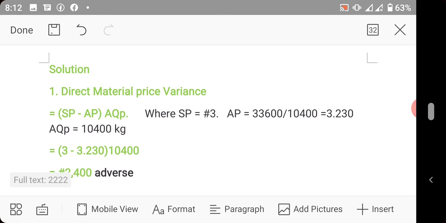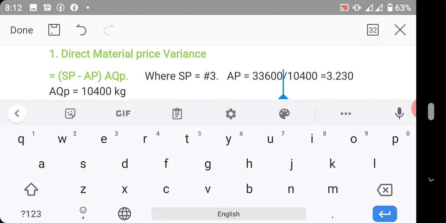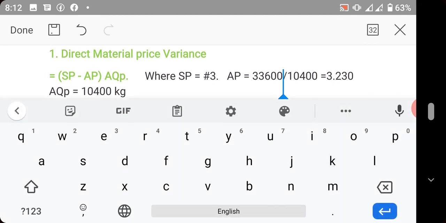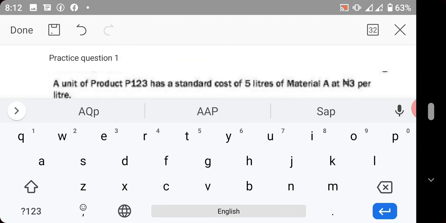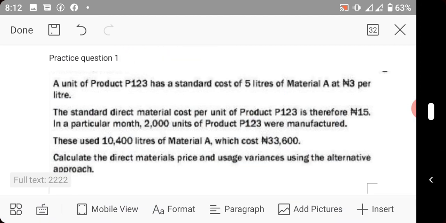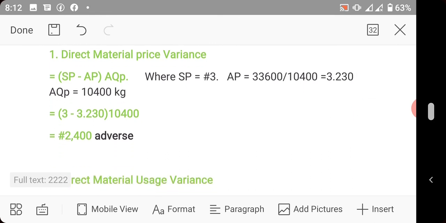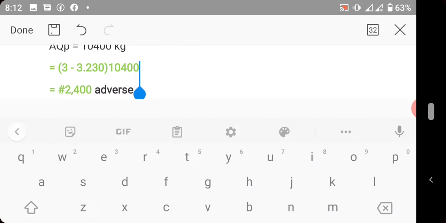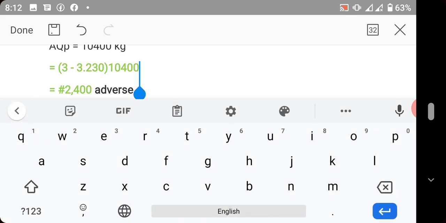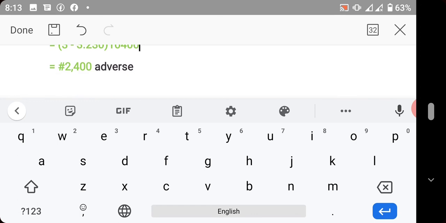Actual price is the actual cost incurred, 33,600, divided by the quantity of material we bought, which gives us the actual price. The actual quantity purchased is 10,400. It's in the question. You substitute in the formula, so you have 3 naira minus 3.230, times 10,400, which will give you 2,400 naira adverse.